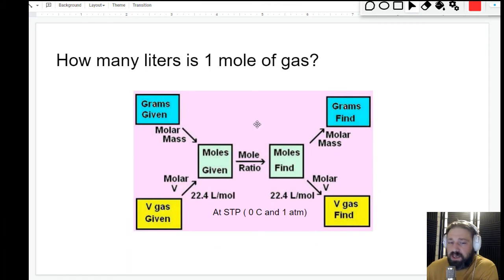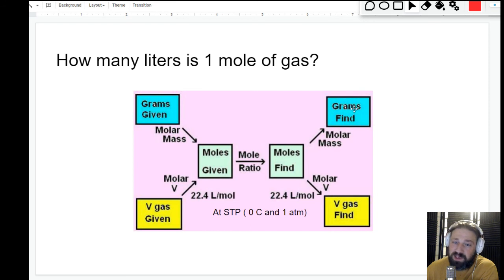Just look for stoichiometry roadmap in Google, and you'll find a figure similar to this. This will give you a little cheat sheet, a little roadmap for doing stoichiometry. You have grams. You use the molar mass to go to moles. Moles, use the mole ratio from the balanced equation to go to moles found.